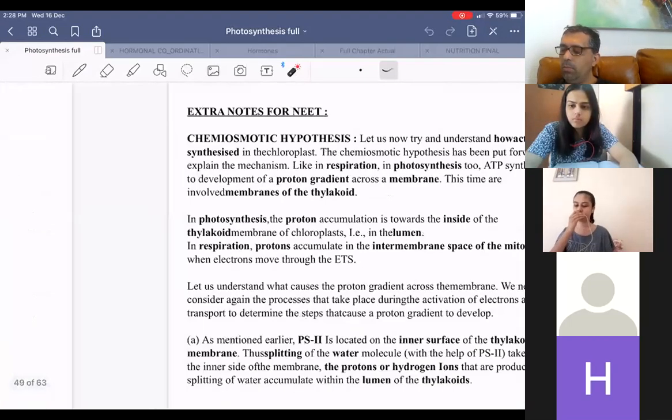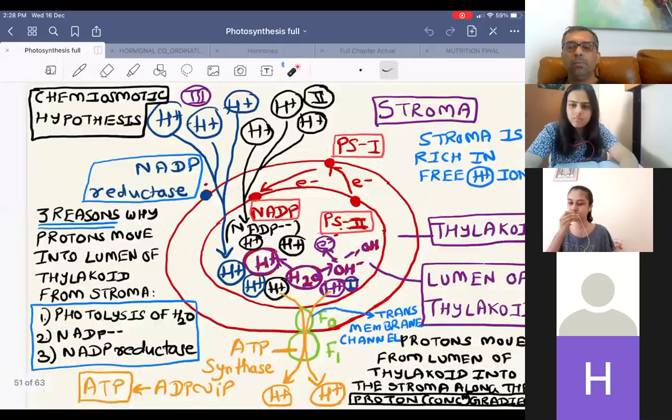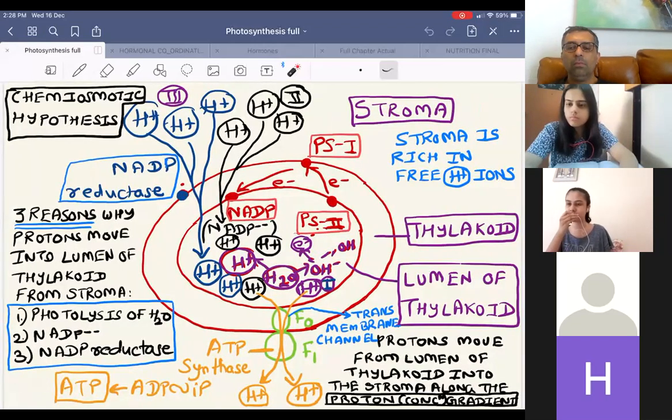So I wanted to check whether the transmembrane channel is found in the thylakoid membrane. Yes, Veda, the transmembrane channel is found in the thylakoid membrane. That is the F0 particle. F0 is found in the thylakoid membrane.